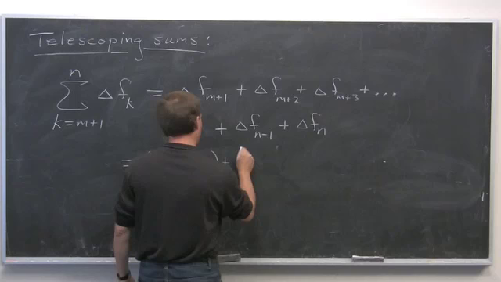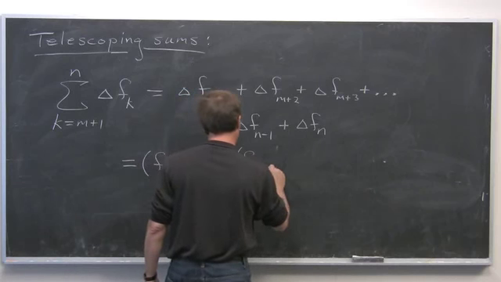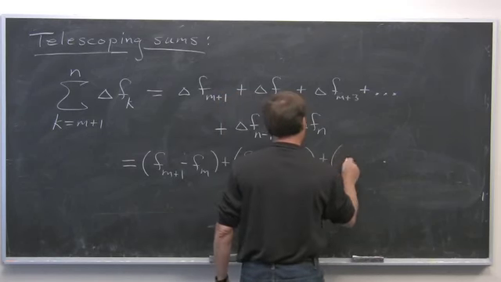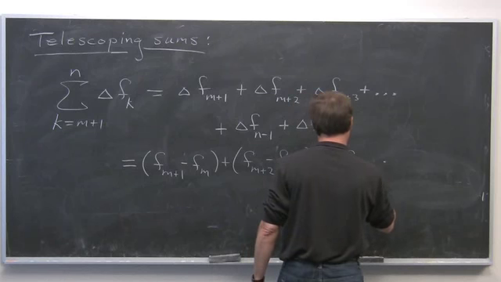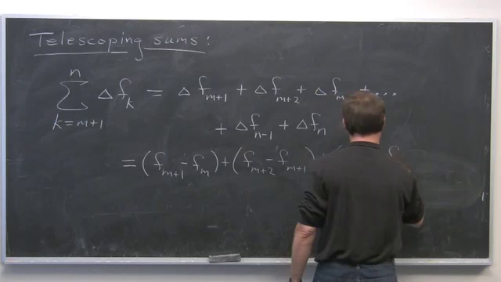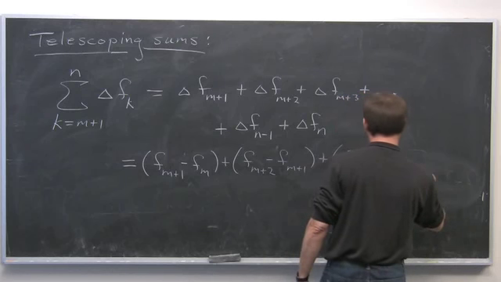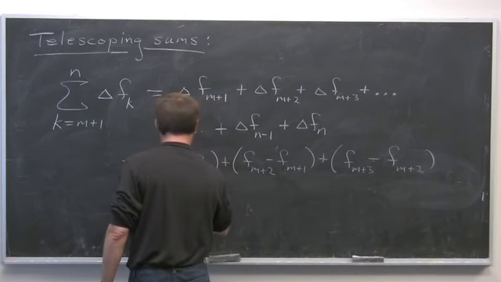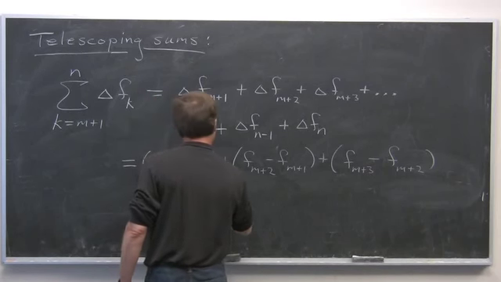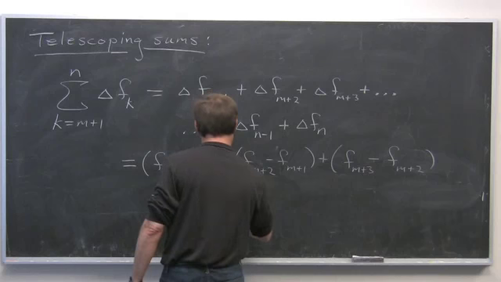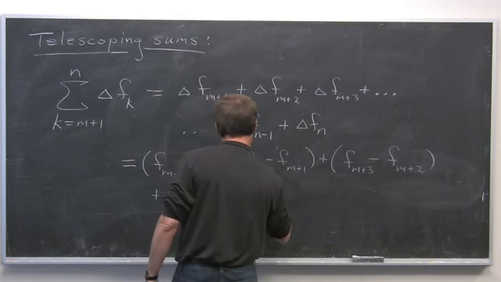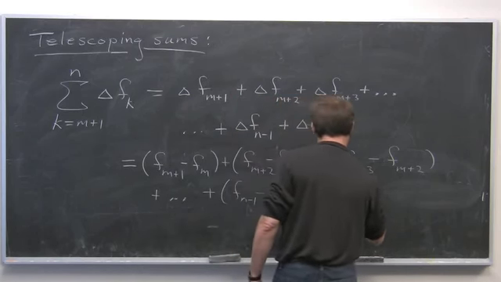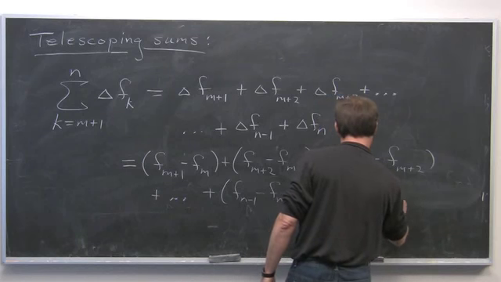This second thing is f sub m plus 2 minus f sub m plus 1. This third thing is f sub m plus 3 minus f sub m plus 2. Then you have all these dots. And then you get f sub n minus 1 minus f sub n minus 2, and plus the last term, f sub n minus f sub n minus 1.